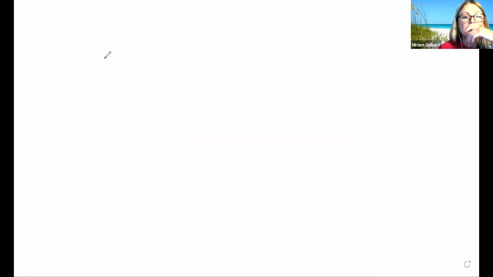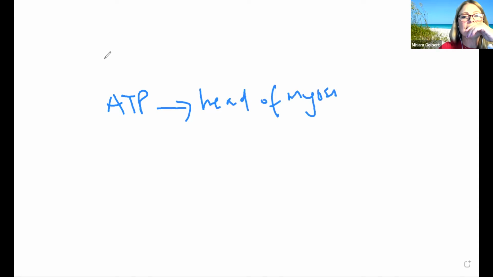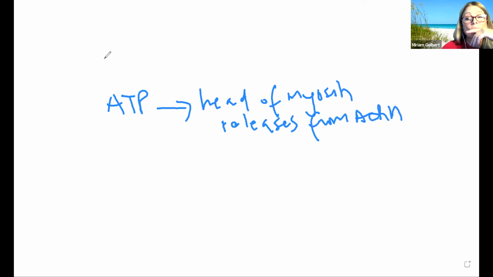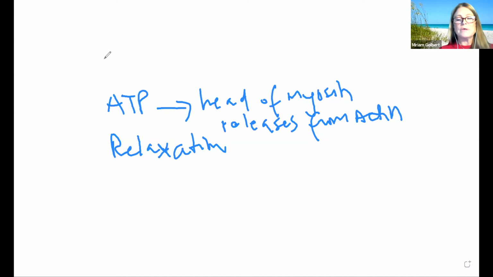So if you have ATP, head of myosin releases from actin. This will be during relaxation. Oh boy, really bad my drawing.